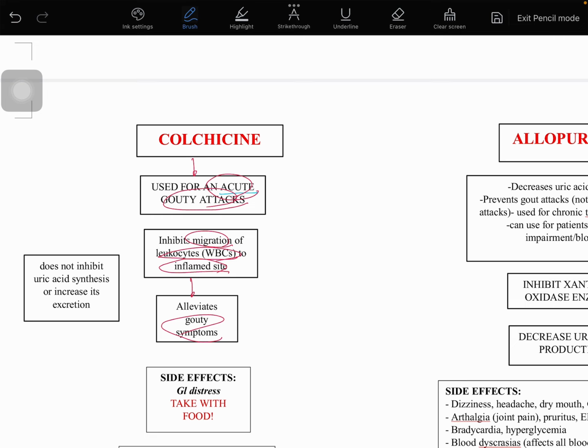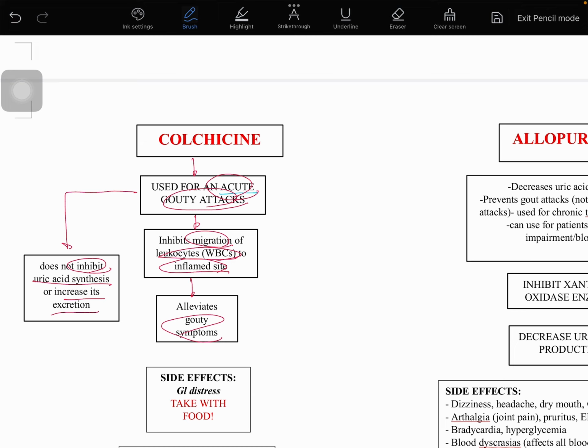The downside of your colchicine class, okay, compared sa other anti-gout agents natin, nakalagay dito sa side notes natin, it does not inhibit, always remember this one, it does not inhibit your uric acid synthesis or increase its secretion. Ibig sabihin, wala pong kakayahan yung colchicine natin para mag-decrease ng uric acid level serum natin.